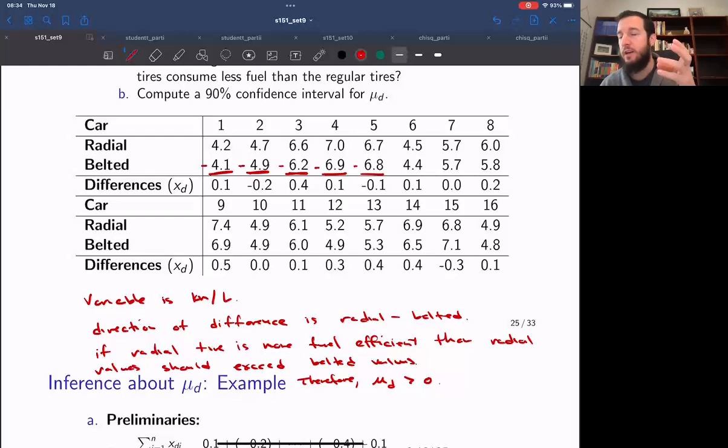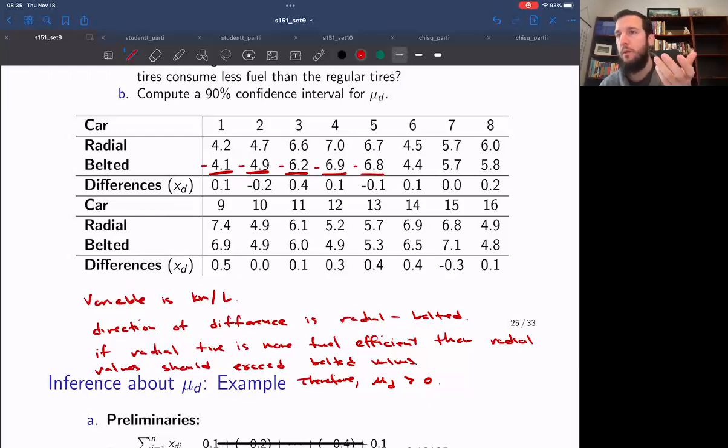Had I done it the other way, say I subtracted radial from belted, all my differences would now be reversed in sign, and I would be conducting a lower tail test, because then the expectation would be that the differences are all less than 0, since the radial measurements should be bigger than the belted measurements if the radial tire is actually more fuel efficient.